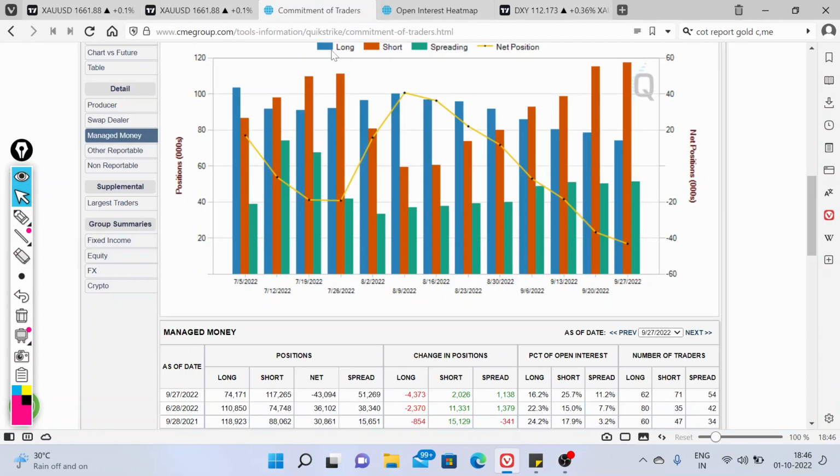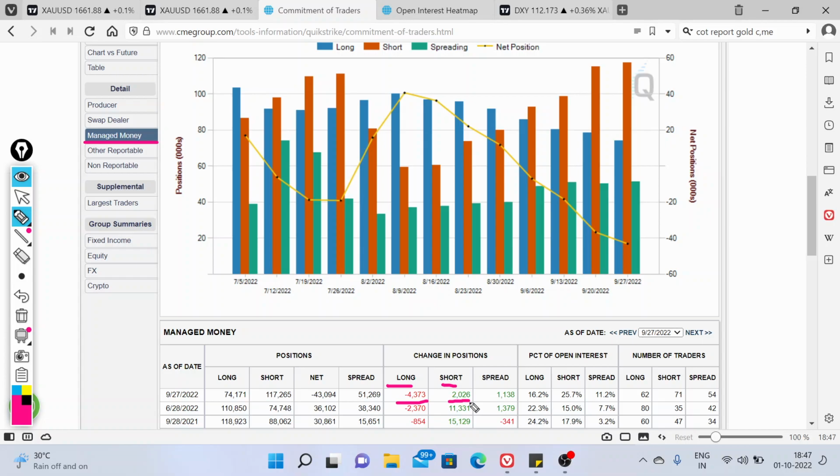But if we look at the latest COT report, we are looking at the managed money, and if we look at the change in position, this is still showing the same sentiment. Why? Because you can see that in the net long position they are still pulling the money, and they are adding money in the short contracts.